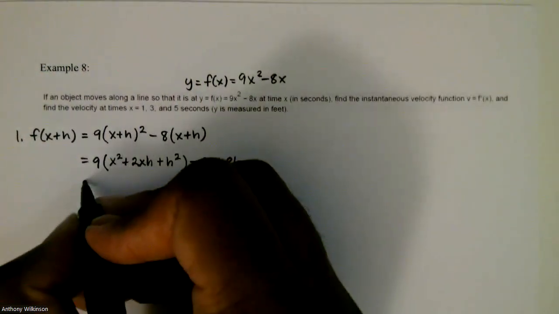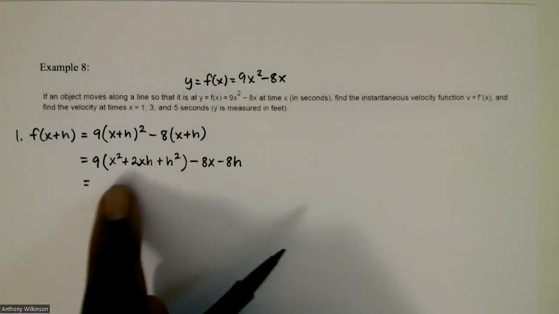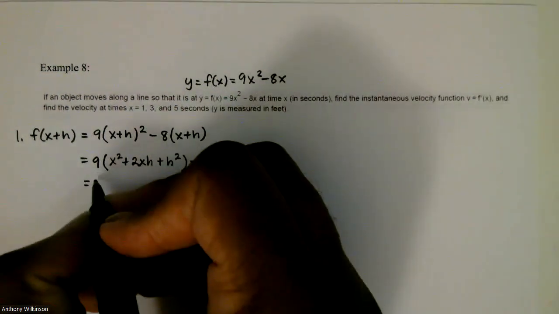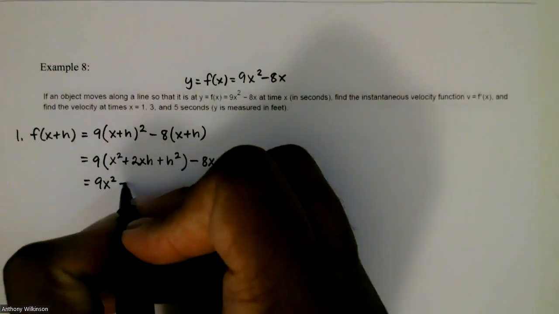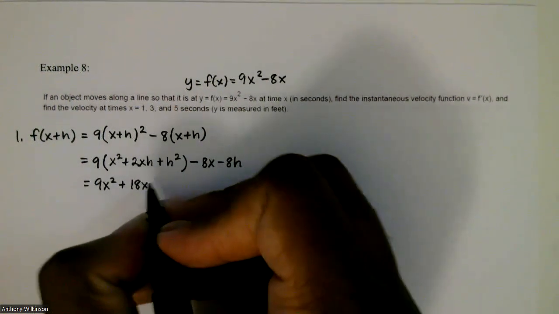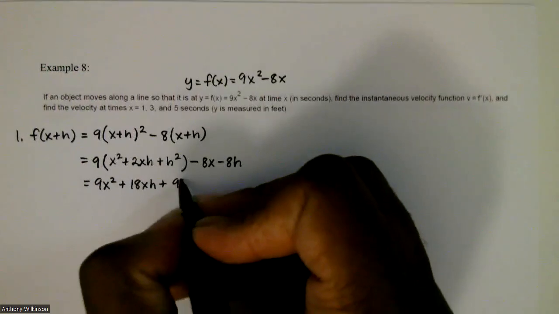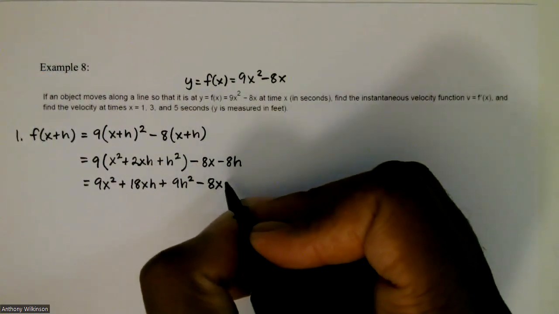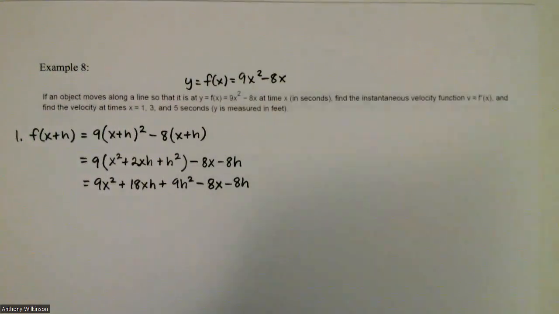Then I'm going to distribute the 9 over the x squared plus 2xh plus h squared. So this will be 9x squared plus 18xh plus 9h squared, and then bring down minus 8x minus 8h. There are no like terms I can combine, so I'll just leave it like that. So that's step number 1.